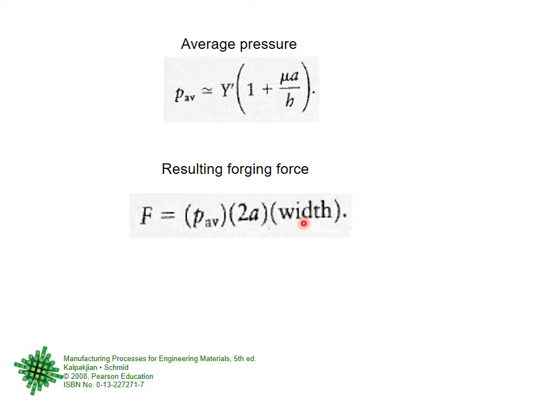We were taking the width to be equal to 1 for calculations. But in reality, you find P average from there, you know 2A, and multiply by the width. So 2A into the width is the area on which the pressure is applied, and then you have the force. So now you can do any calculations on forging, where you can find the average pressure applied by the die and the force generated due to forging. So this is important.